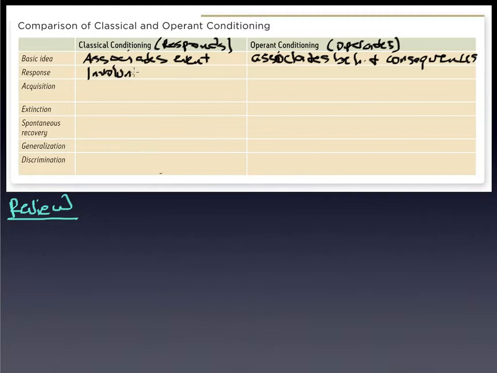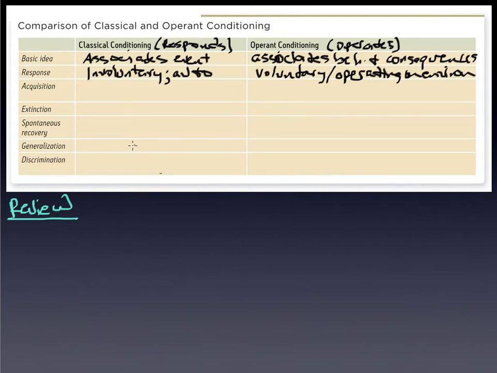Remember, salivating, an eye blink, involuntary, and it's automatic. In operant conditioning, it's voluntary, so the organism doesn't have to respond, and it's operating. We've already put that up there, but I'll put it here again. So it's operating on the environment.